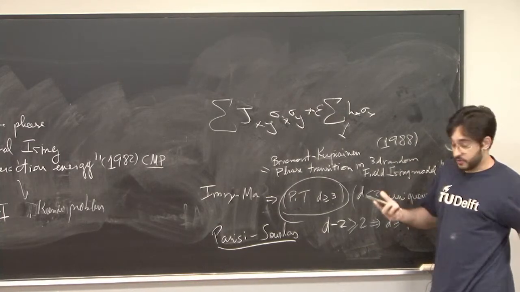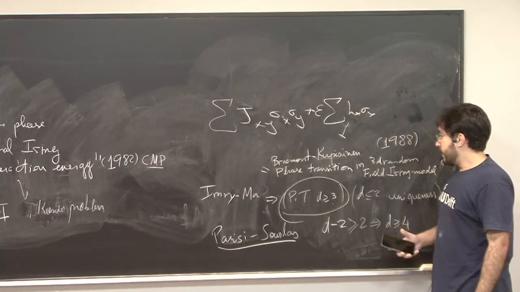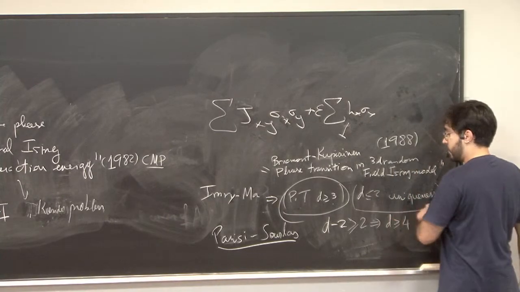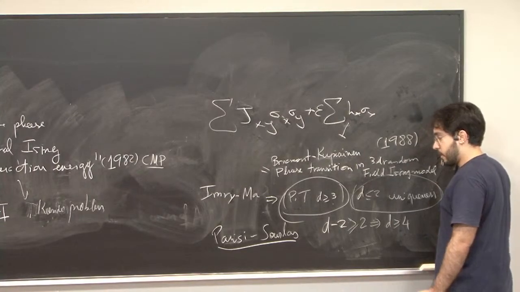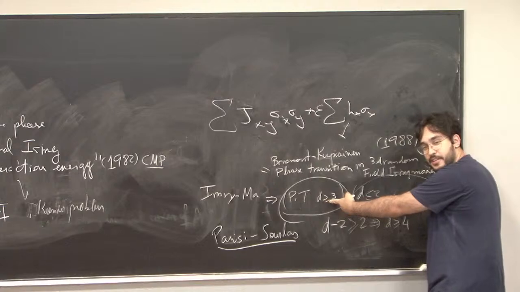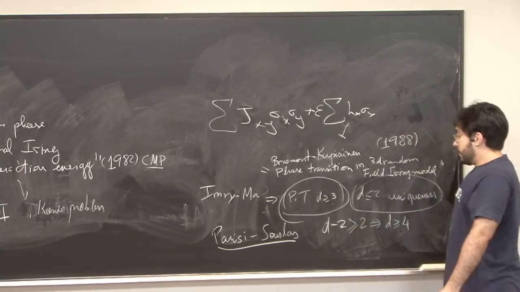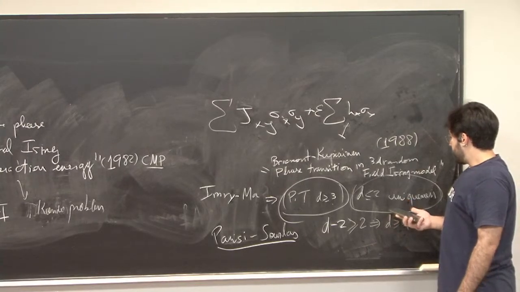We don't know what suitable means, but they say it's suitable. This already showed that Parisi was wrong, because there is phase transition at D equals 3. But this doesn't say anything about the other case, D equals 2.